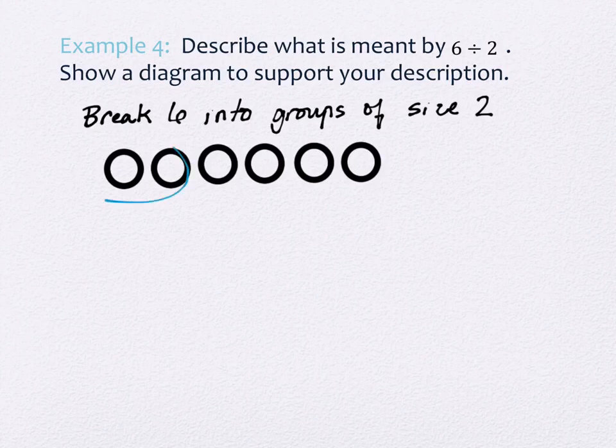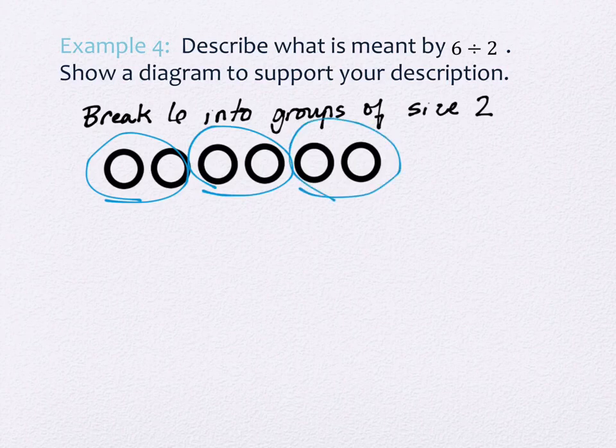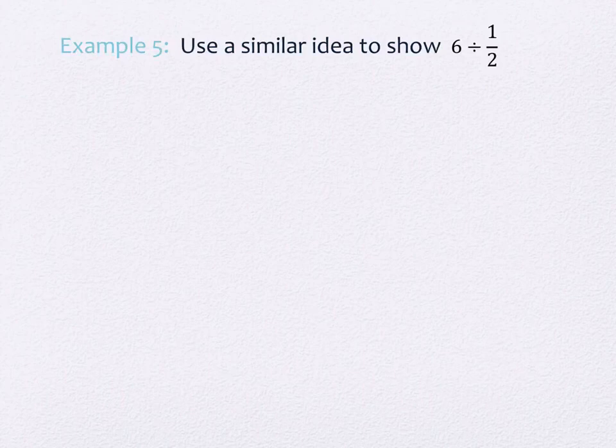So here's a group of 2, here's a group of 2, here's a group of 2. And the answer to 6 divided by 2 with this image, of course, is that there are 3 groups. This structure of language fits better for division by 1/2. And the other one works, I'll say it in a second, but this one works better.